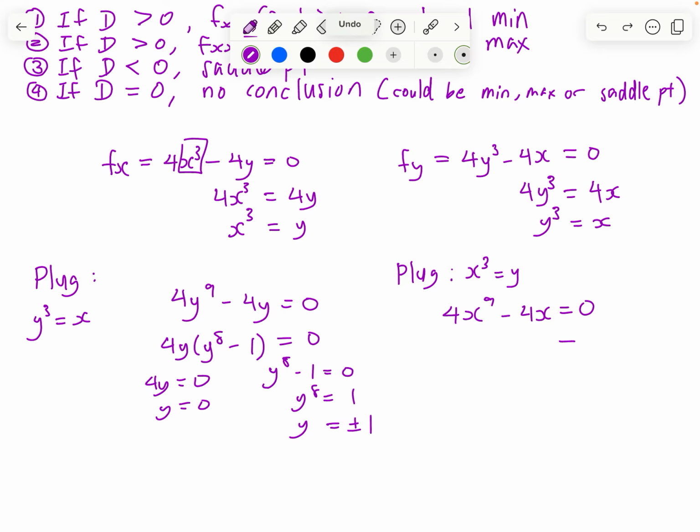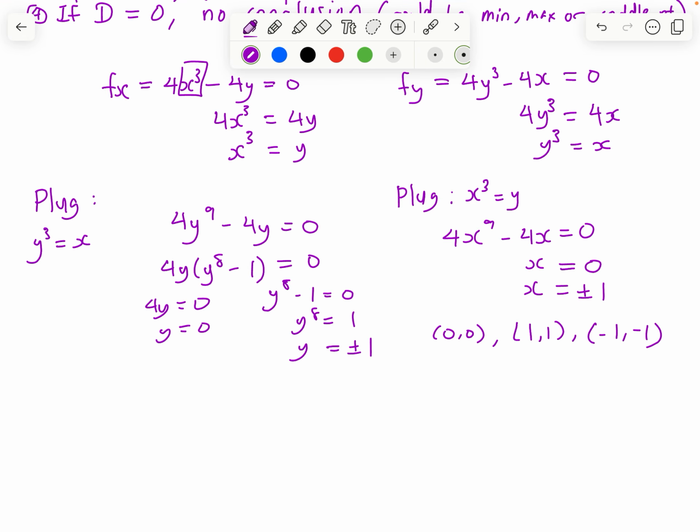And if I isolate everything, I should get x equals to 0 and x equals to plus or minus 1, like the same here. So that gives us different points. So we have (0, 0), we have (1, 1), and we have (negative 1, negative 1). So we have 3 different coordinates.